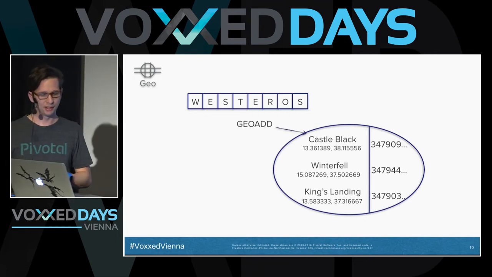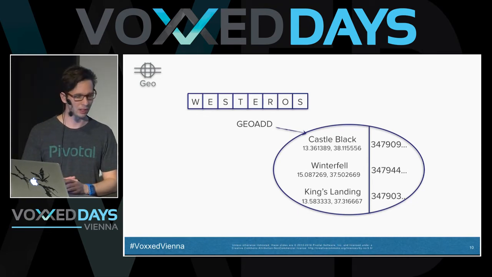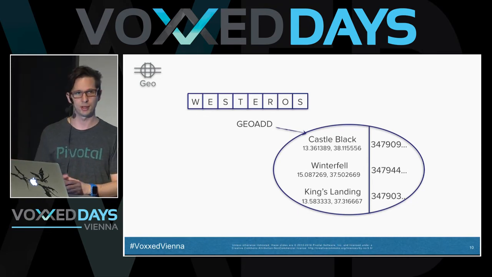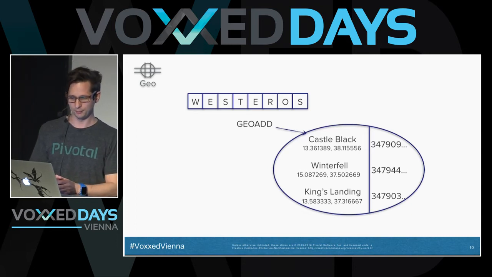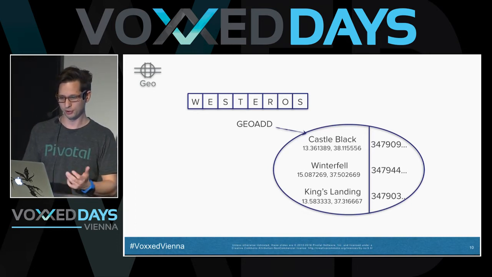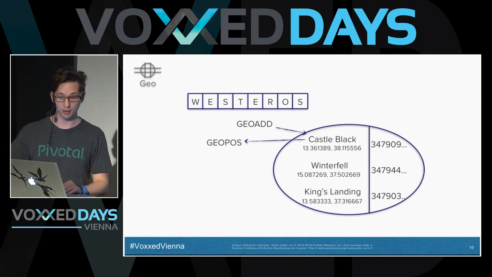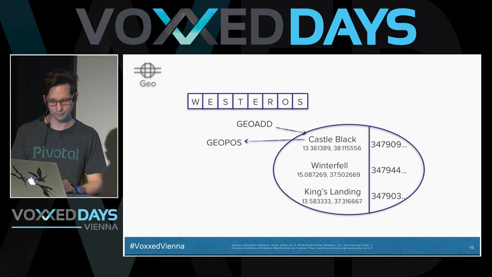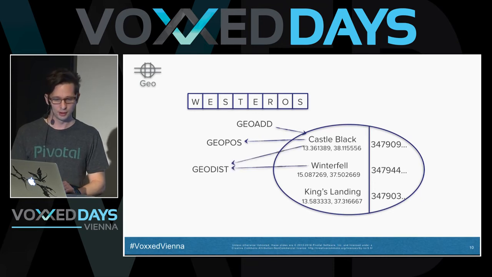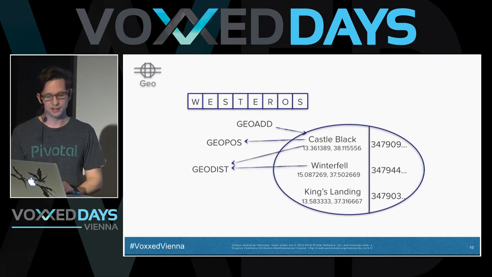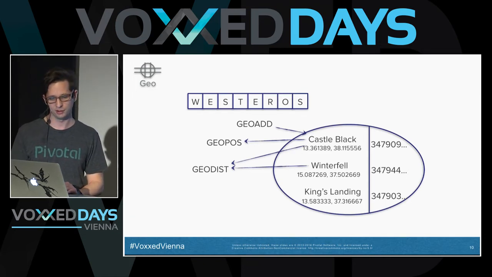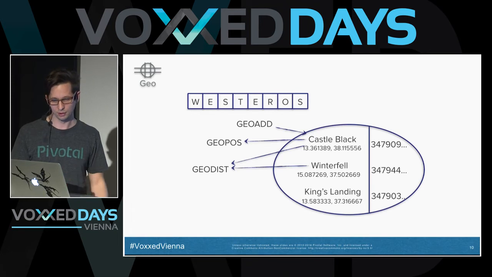Having that said, you can add a geolocation with a given name and longitude/latitude pair to the sorted set using the GEOADD command. You can ask for the position you added using the given name with the GEOPOS command. You can calculate the distance between two already existing points in the set using GEODIST.